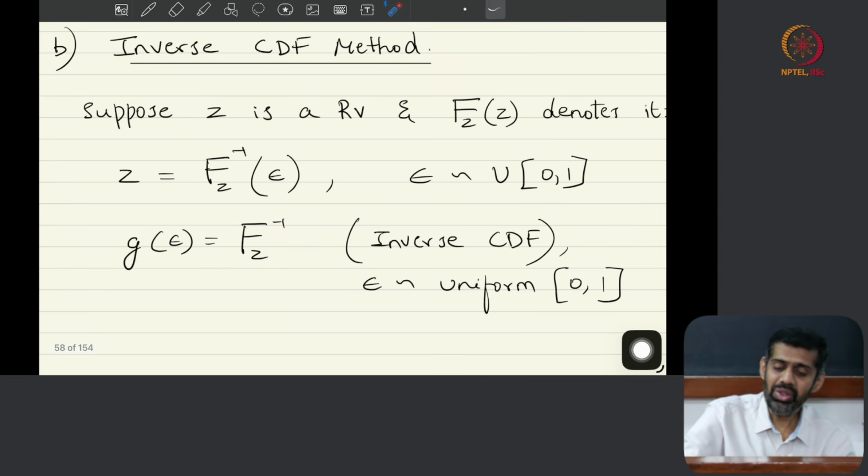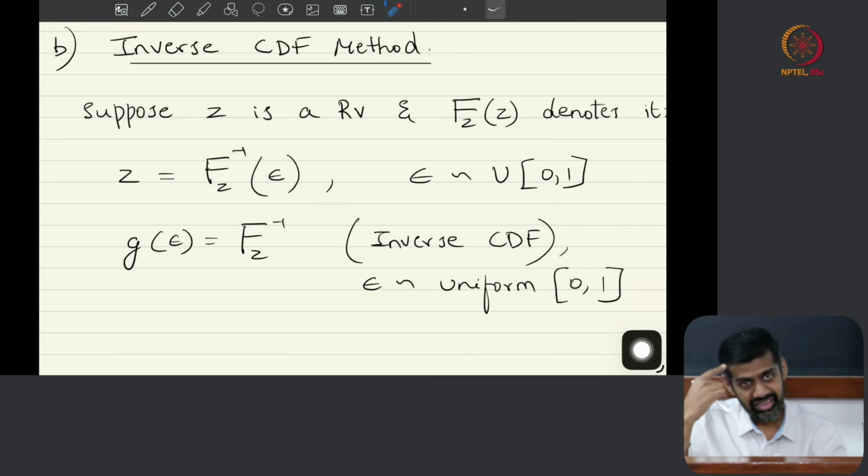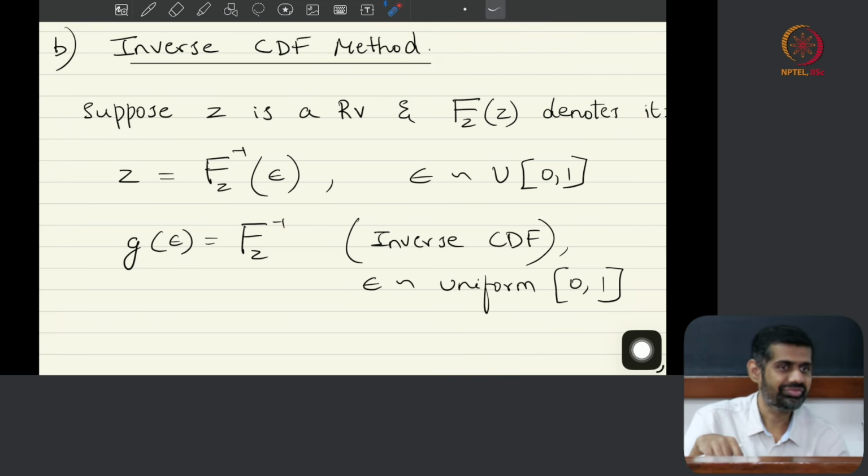Now we know that the distribution of F_Z of z as a random variable is uniform, and it is uniform between 0 and 1, because the range of the distribution function is always 0 to 1, and therefore the support of this random variable will be 0 and 1. Okay.